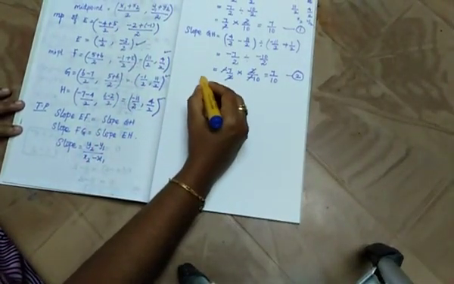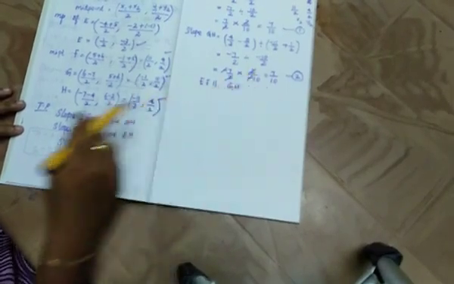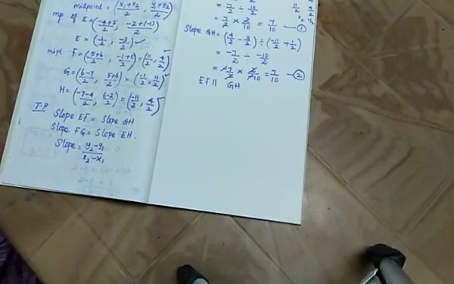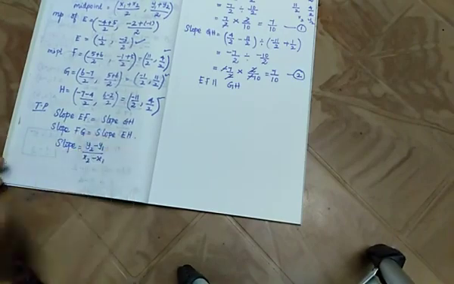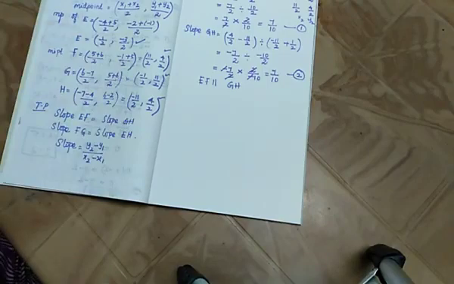So both the slopes are equal, which means EF is parallel to GH. So one condition has been satisfied, isn't that ma? Now let's move to the second condition, that is slope FG is equal to slope EH. If this condition also is satisfied, we can say the midpoints form a parallelogram.